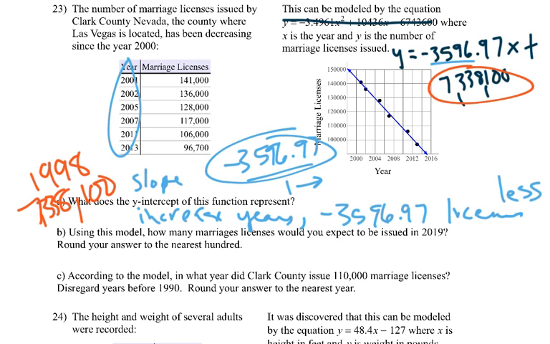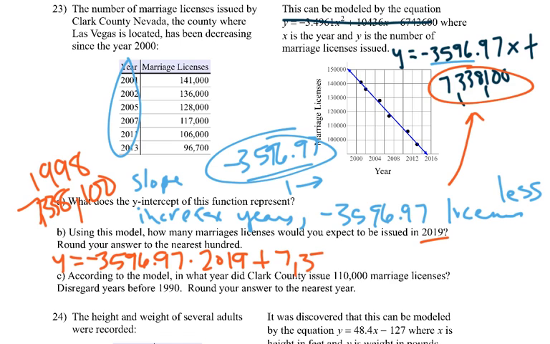Okay? So if we look, what about next year in 2019? How many would we assume? So we take that and we plug it into our equation, so we get y equals negative 3,596.97 times 2019, that was our x, plus the 7,338,100. Okay, we type that into a calculator and see what it gives to us, because we don't want to try to do that by hand.